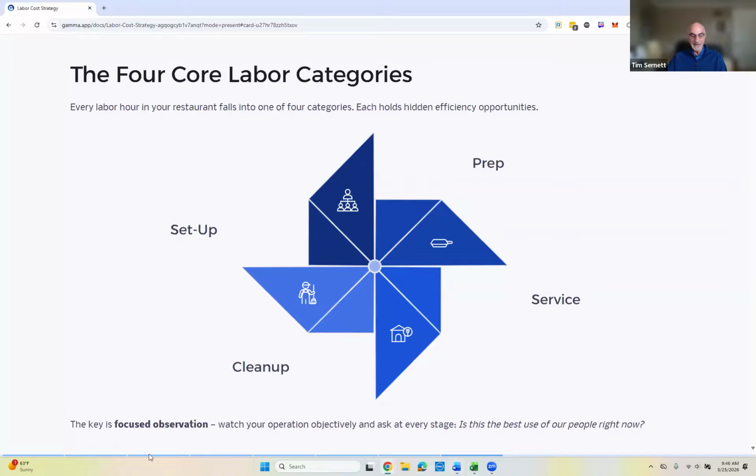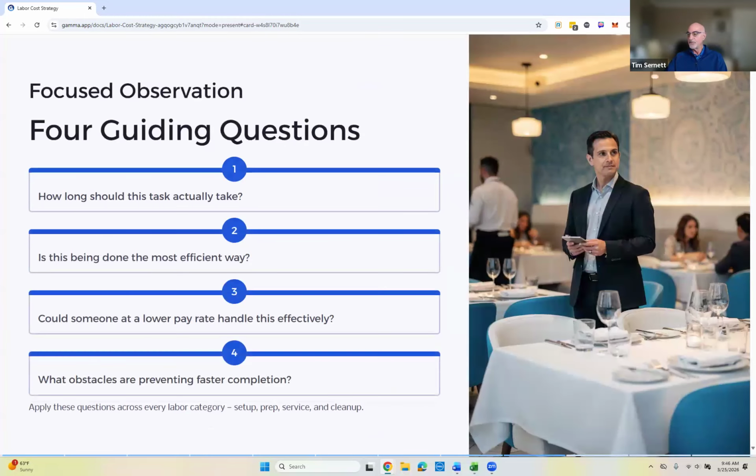So all of these come down to focused observation. You need to watch your operation objectively and ask at every stage, is this the best use of our people right now? So there are 4 guiding questions. How long should this task actually take? Is this being done the most efficient way?